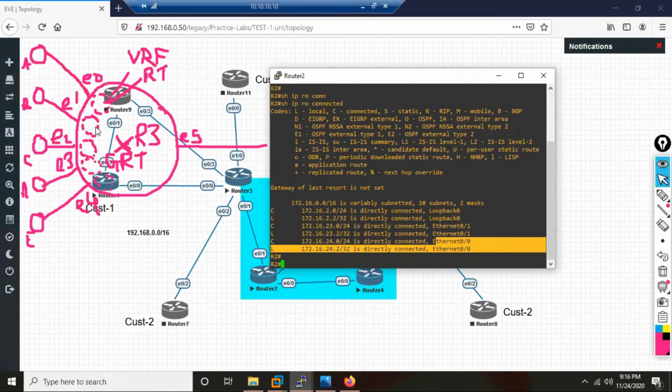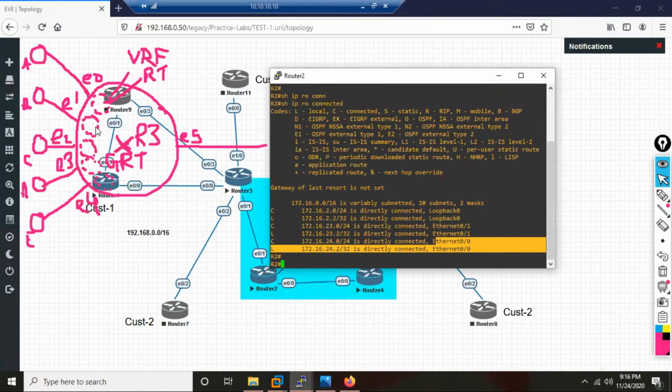Same like your VLAN. In one VLAN you can put 10 interfaces, right? But one interface cannot be part of 10 VLANs. The same thing here on the router. One interface cannot be part of multiple VRFs at the same time. It cannot be in one VRF and also in the global table.